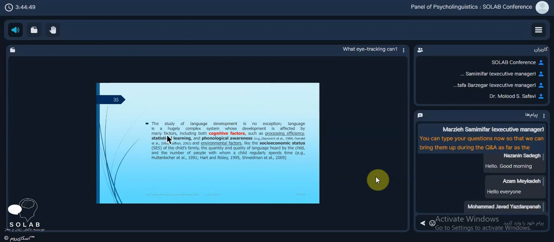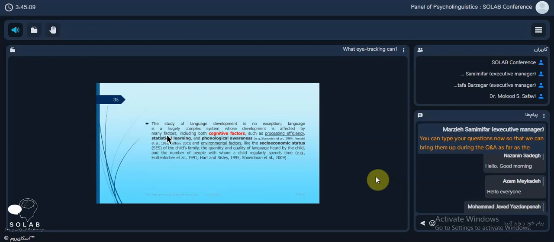What happened to development? Eye-tracking is a very important instrument for studying the development or developing processing of language in childhood, in infants. The study of language development is no exception.